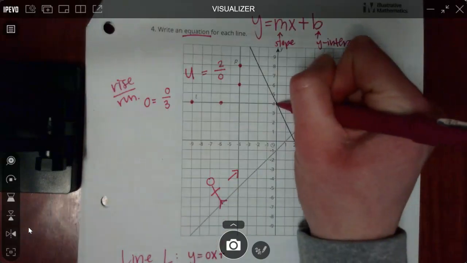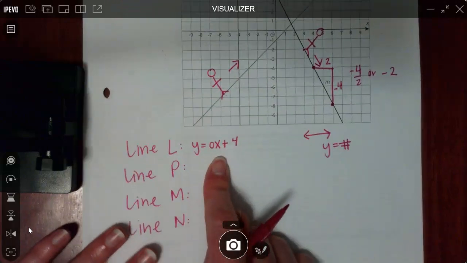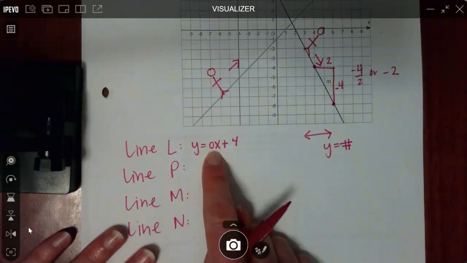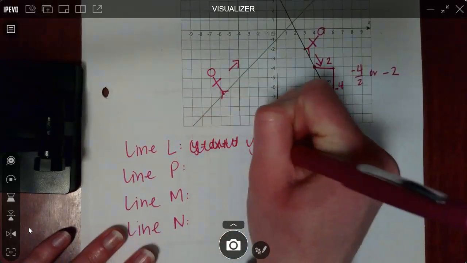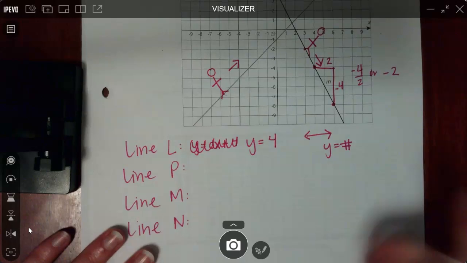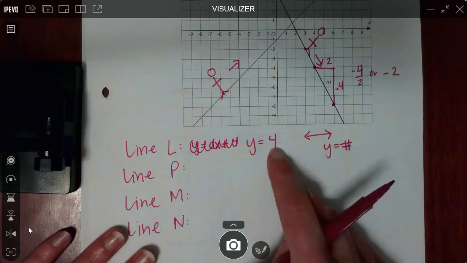Crosses at 4. I'm not going to write 0x though. That's weird. There is no slope. So instead I need to write y equals 4. The number that it will always be. No matter what I put in, slope is 0, it's going to cancel, but I'm going to get 4.